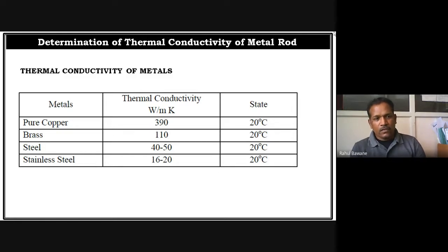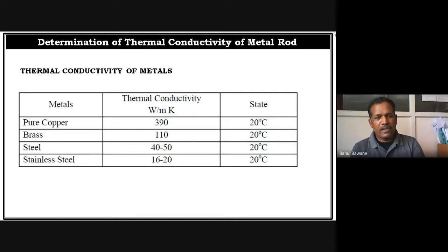The second is at the hot end, where molecules vibrate, and due to that vibration the nearby molecules get energized, because during vibration they strike nearby molecules and impart the energy.